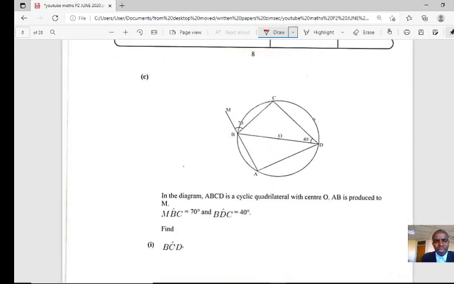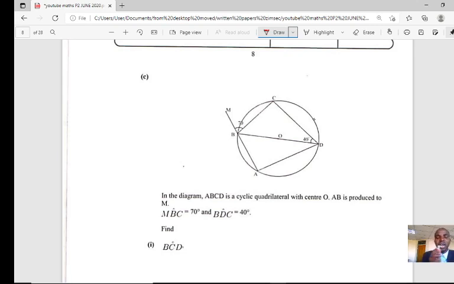Right, this one is circle geometry. In the diagram, ABCD is a cyclic quadrilateral with center O. Then AB is produced to M. We are given all the information there. The first question says, find angle BCD.